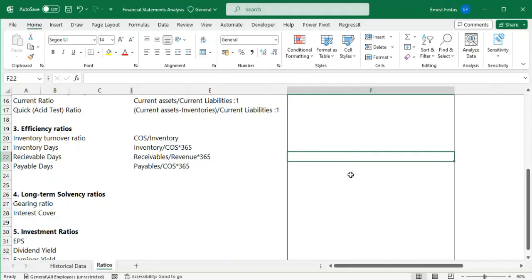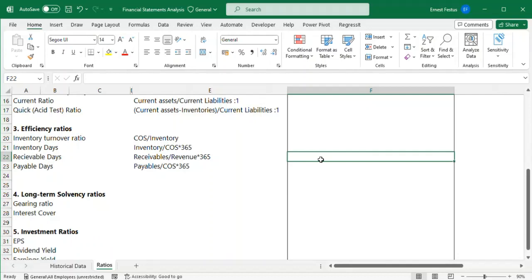And with this one, just as with inventory, an acceptable number of days can be gotten from the industry, or you can make an overtime comparison.